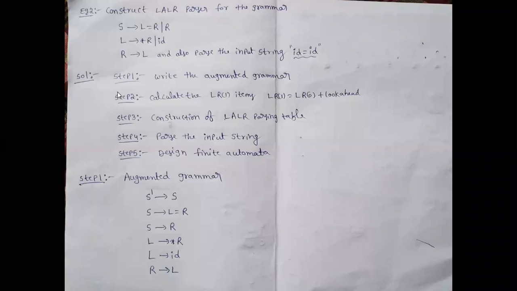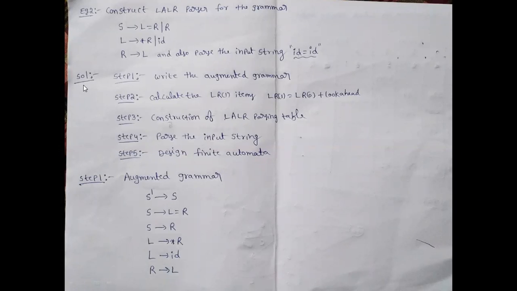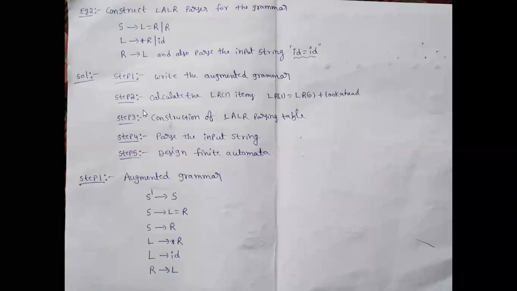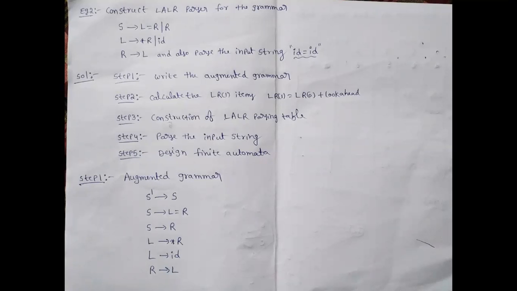What are the steps we have to follow to construct an LALR parser? We have 5 steps. First one is to write the augmented grammar. What is an augmented grammar? In the previous class, we constructed the augmented grammar.